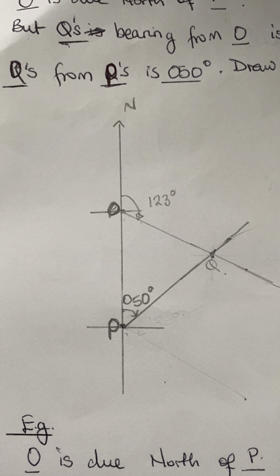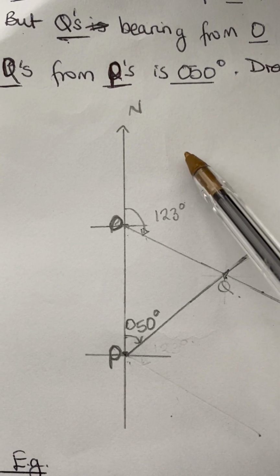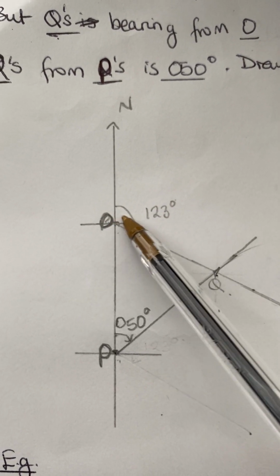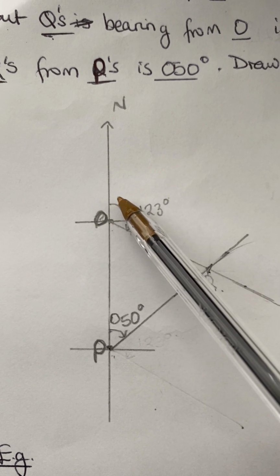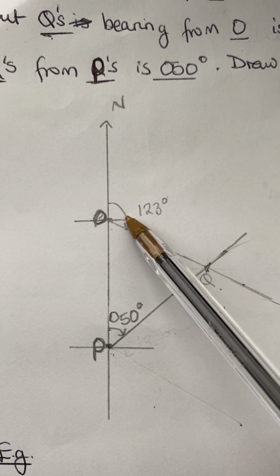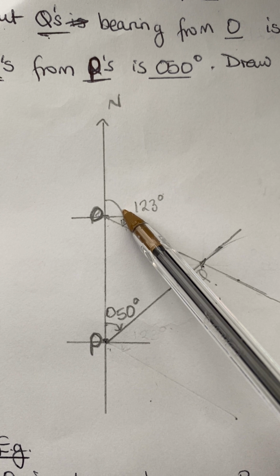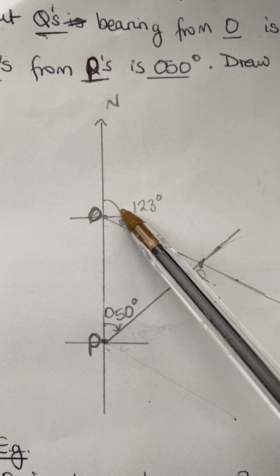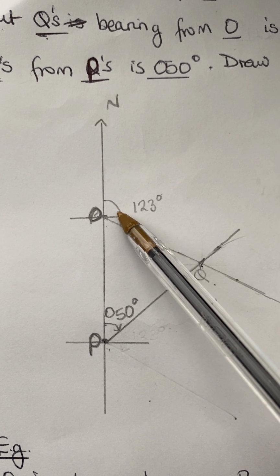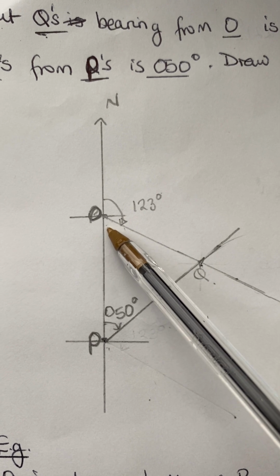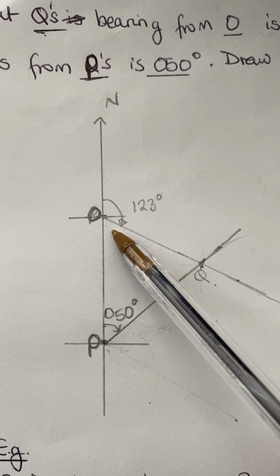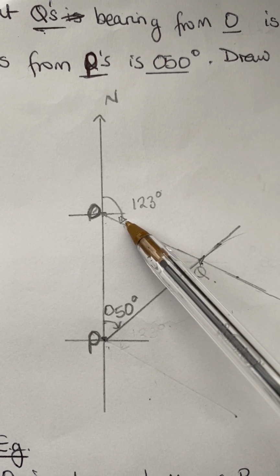Now, I won't be giving that, but with this in mind, I know that from here to there is 090 degrees. From here to here is 180 degrees.